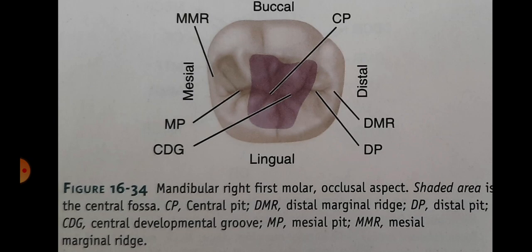DP is distal pit, and CDG means central developmental groove. MP means mesial pit, and MMR means mesial marginal ridge.